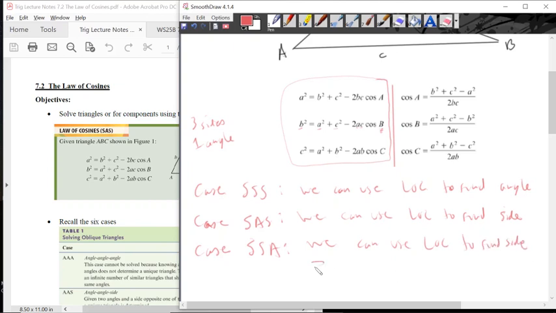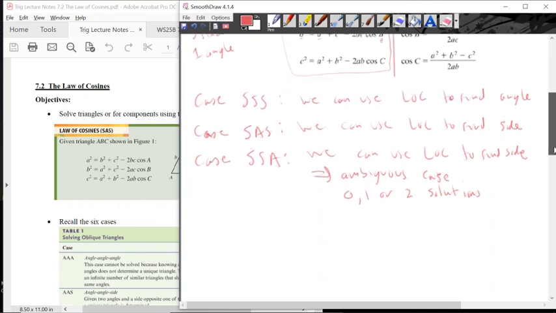But note that this is the ambiguous case, and the ambiguous case has 0, 1, or 2 possible solutions. We have to take that on a case-by-case basis. We've looked at that before with the law of sines.